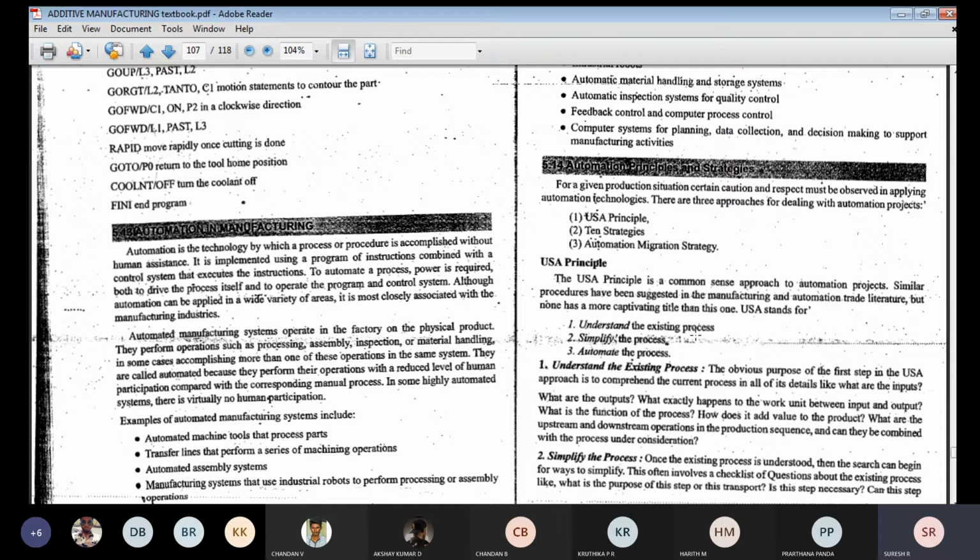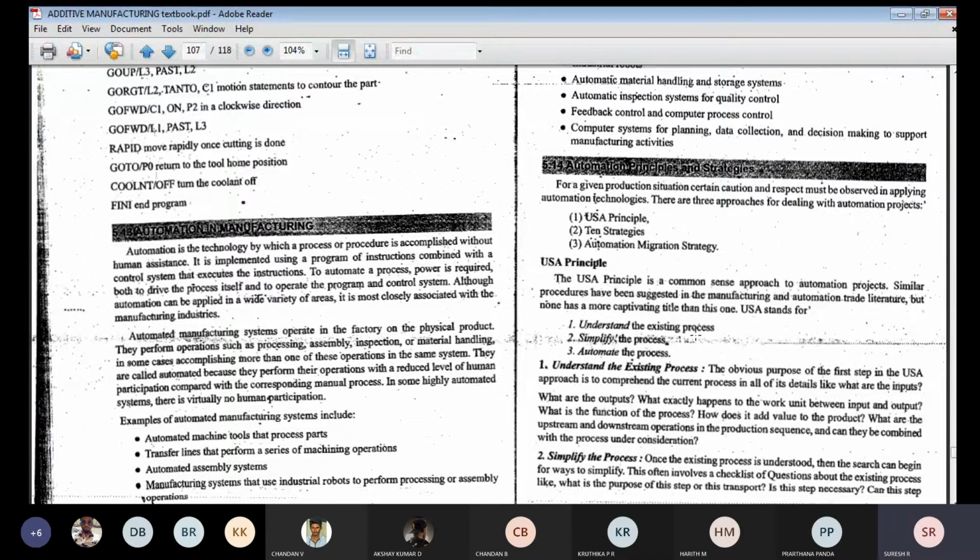Earlier, if you wanted to do a drilling operation, you would do it manually on a manual drilling machine. According to the USA principle, first understand the existing process, that is, the manually operated drilling machine. Then simplify the process so that automation becomes possible on that machine.